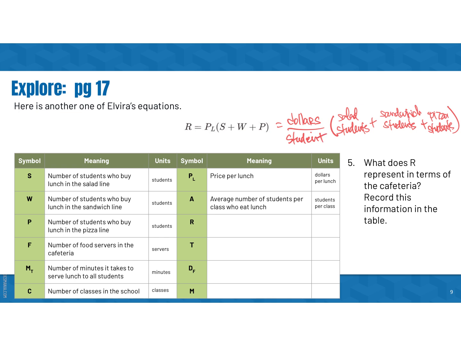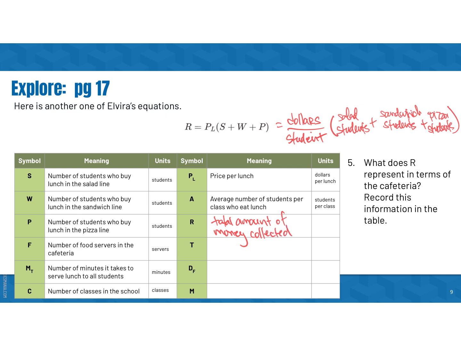So aren't we actually looking at pretty much the total amount of money collected? Because we have dollars per student and we're multiplying it by student. Student divided by student kind of cancel each other out. So we're actually looking at the total amount of money collected.